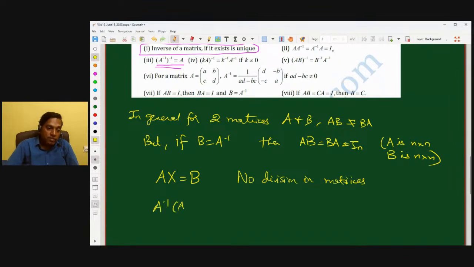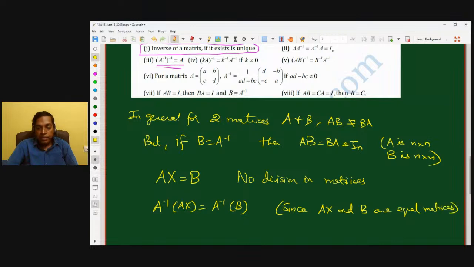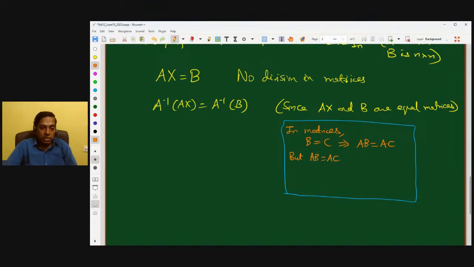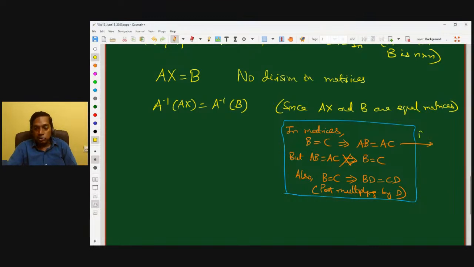So you say A inverse times AX is A inverse times B. And a very important idea to note: in matrices, B equals C implies AB equals AC, but AB equals AC does not imply B equals C. Also, B equals C implies BD is equal to CD. This is called post multiplying by D, and this is called pre multiplying by A.